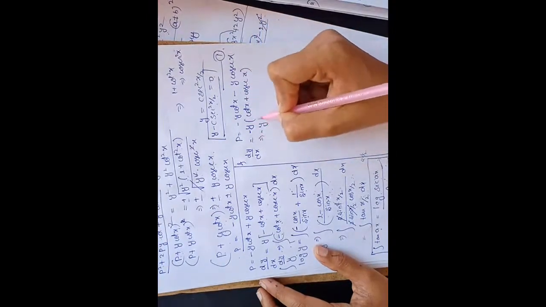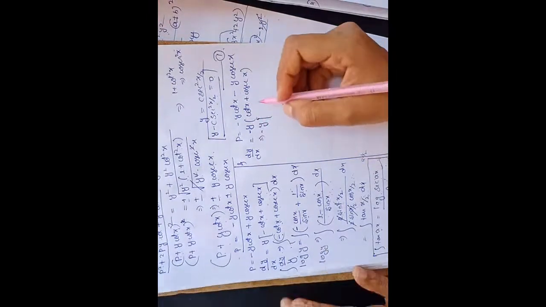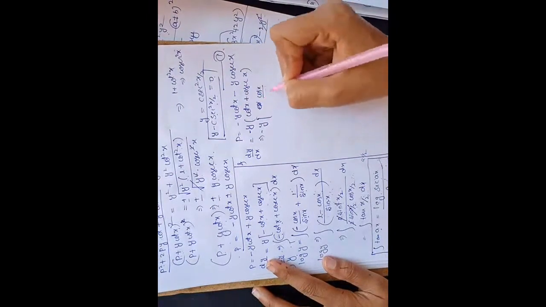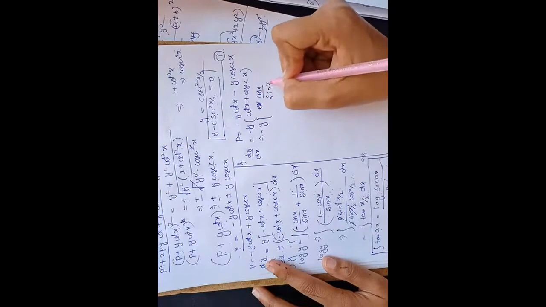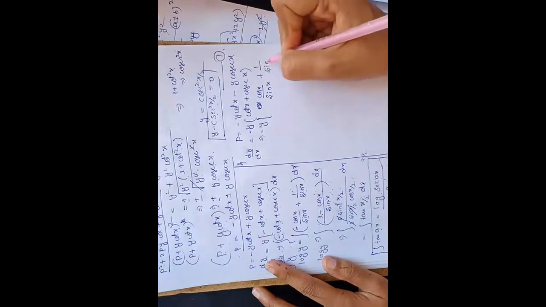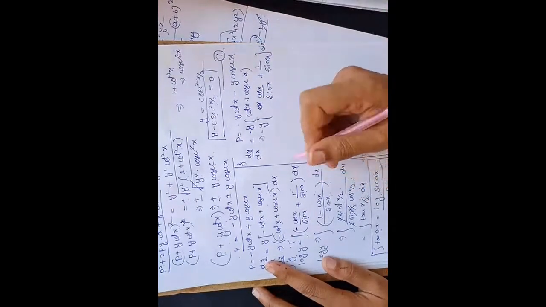So we know cot x is cos x divided by sin x, and cosec x is 1 divided by sin x, into dx. First you have to apply the variable separable method.